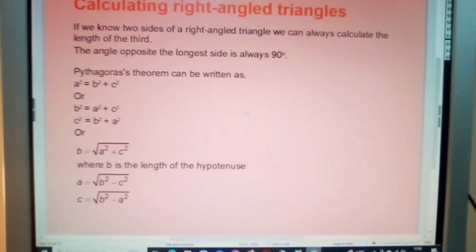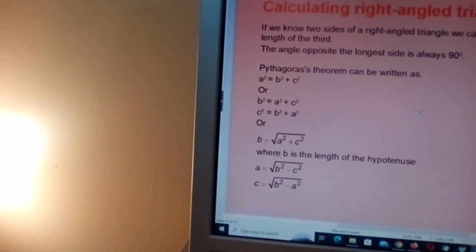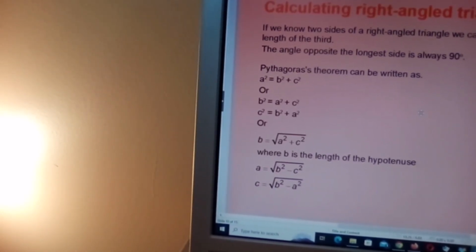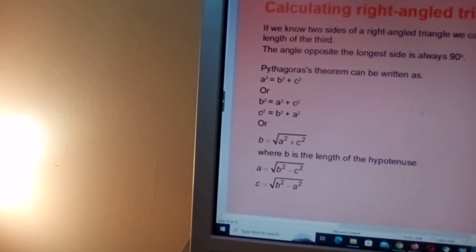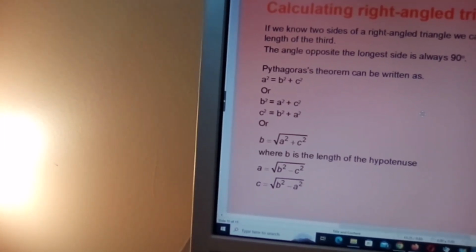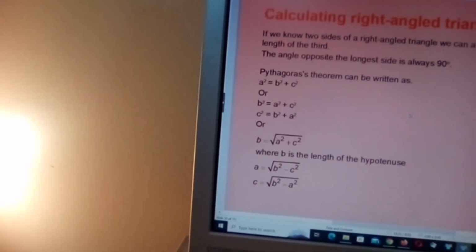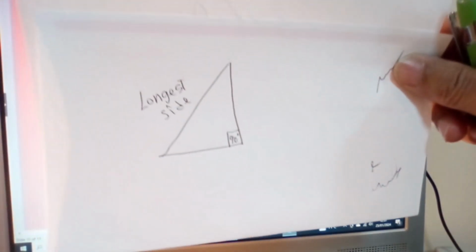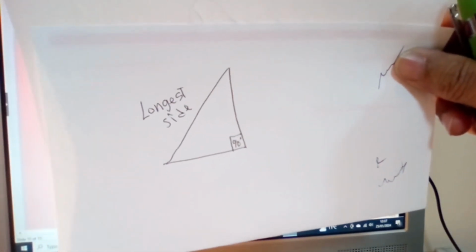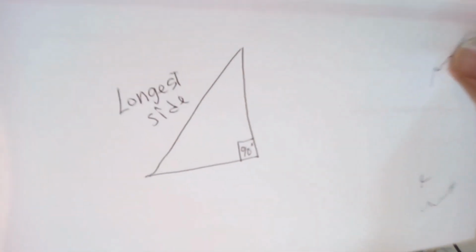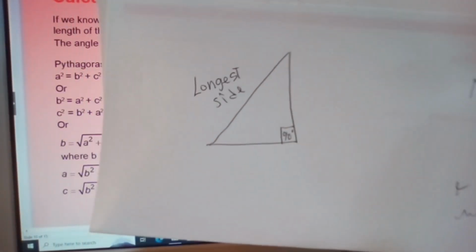When we talk about the angle opposite the longest side, we're looking at something like this: longest side, and this here is 90 degrees. That's what we're looking at, the longest side, and the angle opposite is going to be 90 degrees.